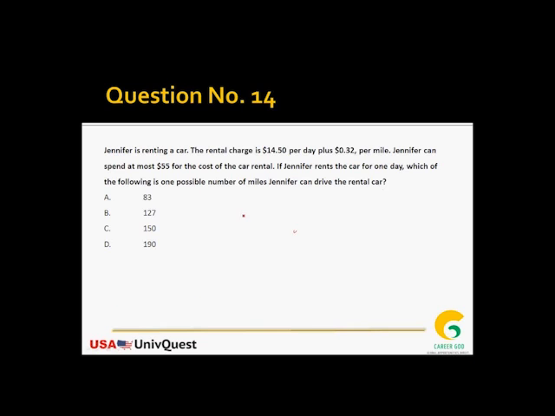What is the thing that I had given you? The initial charge is 14.50, plus you are driving and they're charging 0.32 per mile, 32 cents per mile. Assume that you are traveling x miles and the maximum amount you can spend is 55.